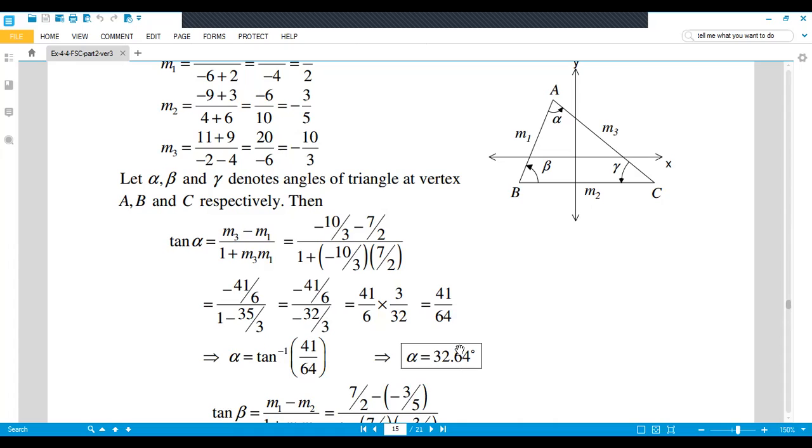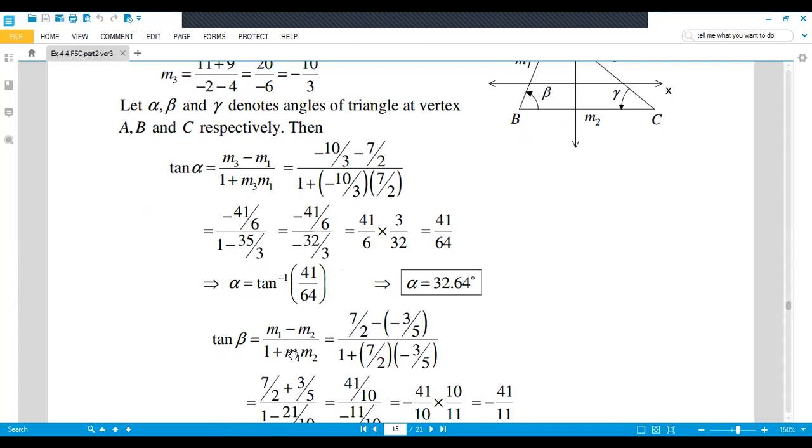To find beta, look at the arrow direction. Beta is from M2 to M1. So M1 minus m2 divided by 1 plus m1 m2. M1 and m2 are the slopes of AB and BC, which we already found. We put the values: 7 over 2 minus minus 3 over 5. Similarly, 1 plus 7 over 2 times minus 3 over 5.